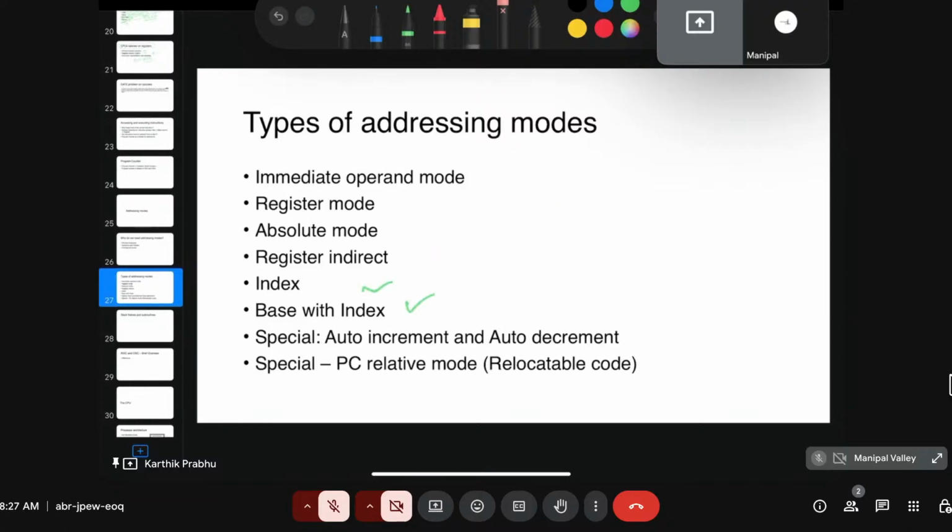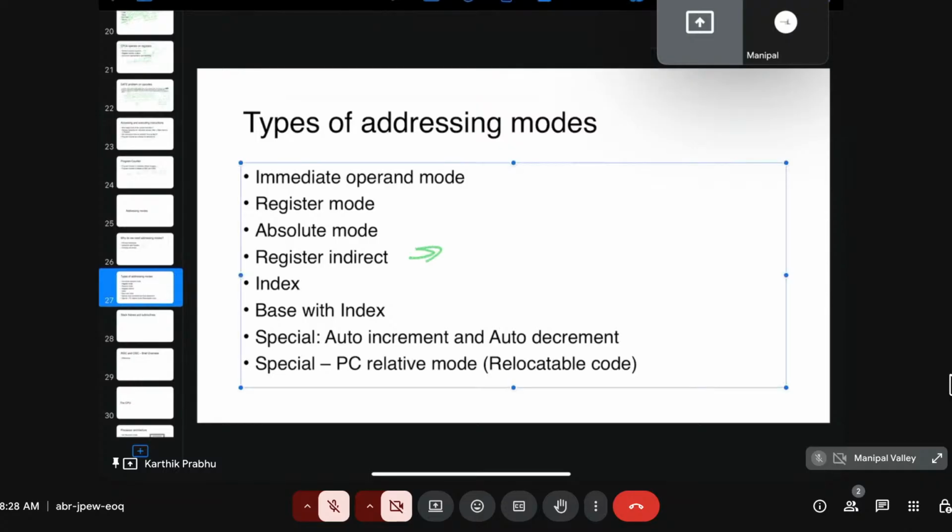Register indirect means when we do a calculation, we'll have a memory address, and we'll fetch the value at that memory address from memory and put it into a register, right?